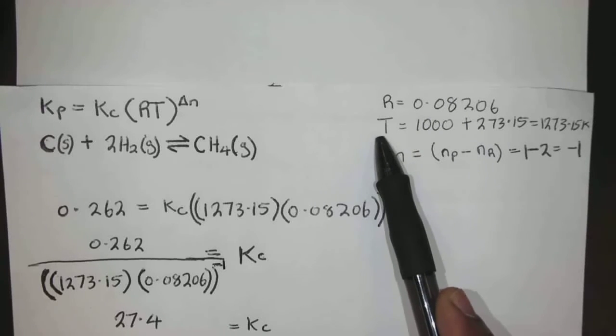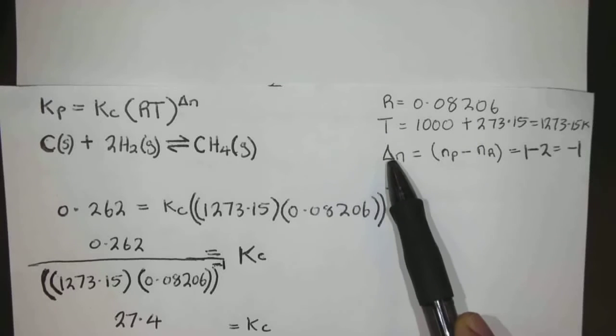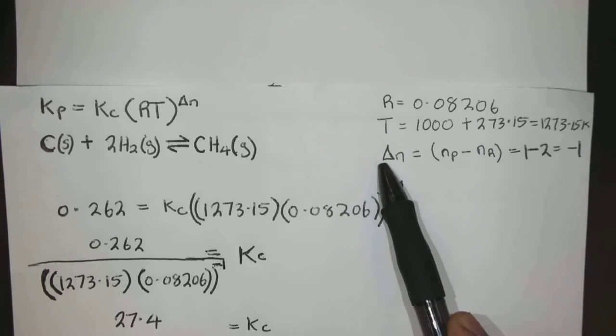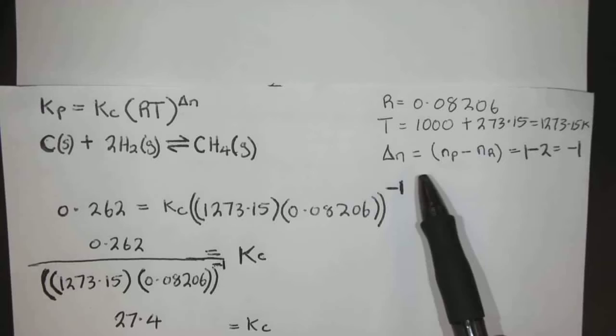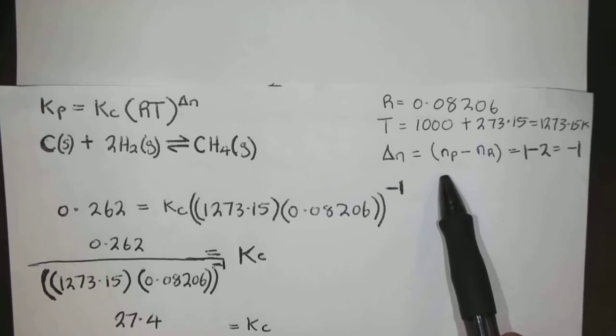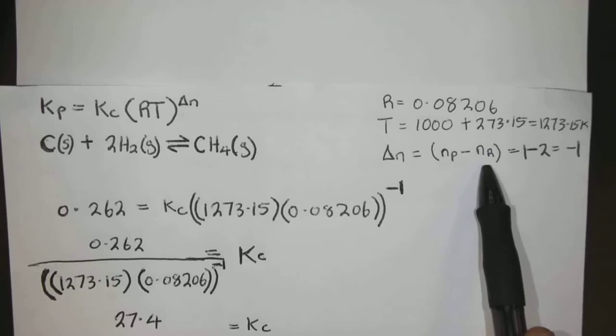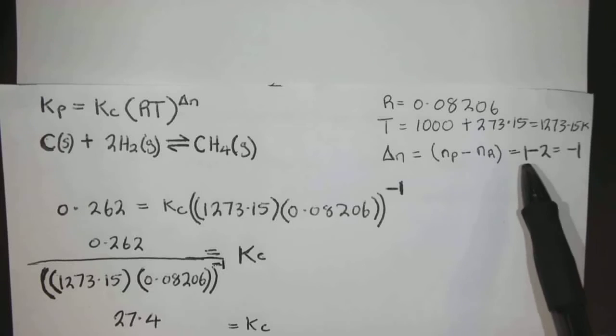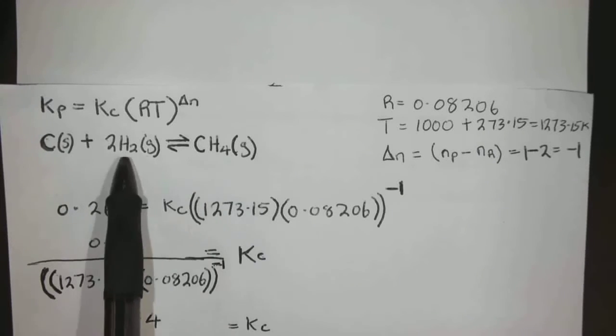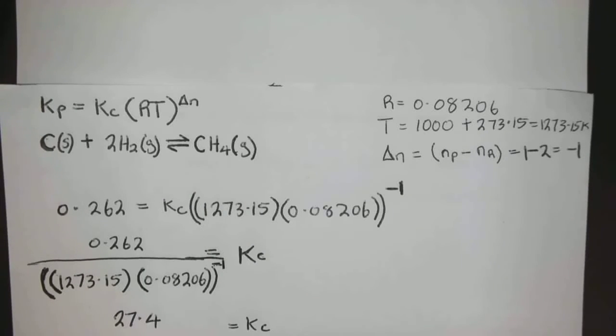T is temperature in Kelvin, and delta N is the sum of the stoichiometric coefficients of products minus the sum of the stoichiometric coefficients of the reactants, which in this case is equal to 1 minus 2, which is equal to -1.